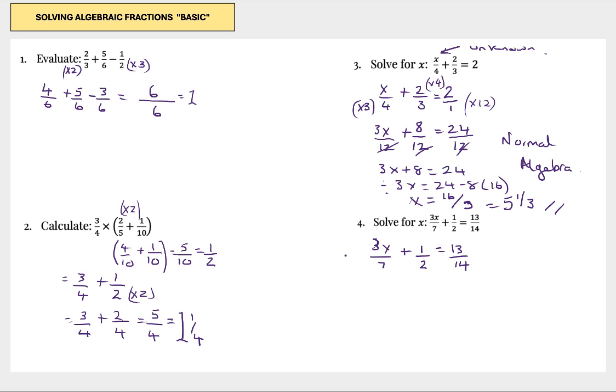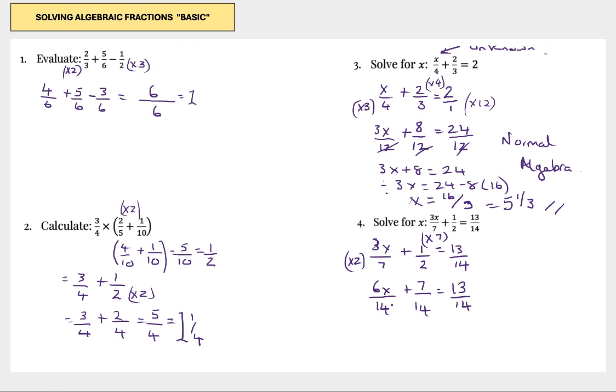So I can leave that, but I'm going to times this one by 2, and this one by 7. 2 times 3, 6x, all over 14, plus 7 over 14 equals 13 over 14.